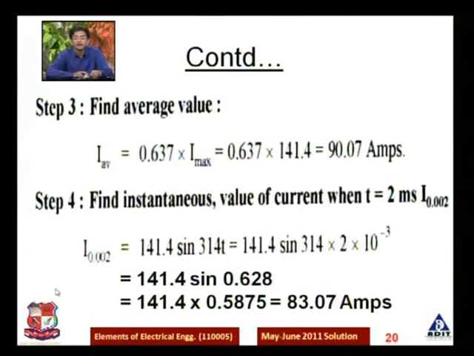So you can write i at 0.002 seconds, using the standard equation i equals Im sin omega t. In this equation, in place of t, you have to put 2 milliseconds. How can you convert milliseconds into seconds? You multiply by 10 raised to minus 3. So it will be 2 into 10 raised to minus 3.